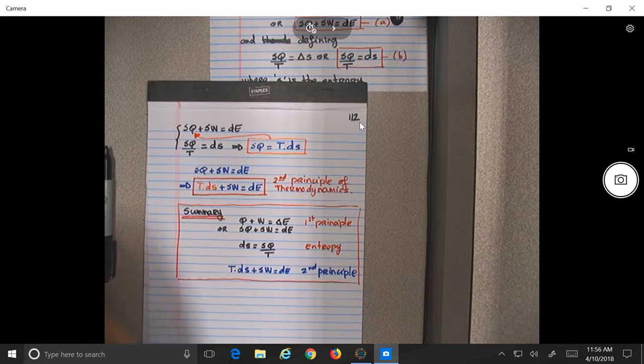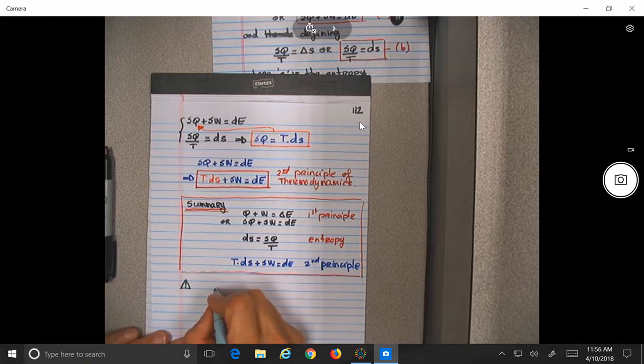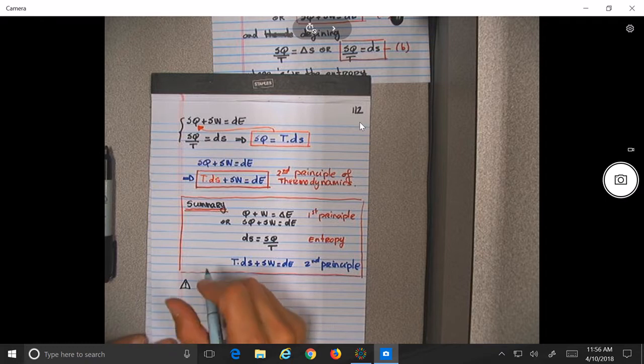Okay, we're going to use this now, but just as a reminder. Let's see if you remember this. So what was the difference between the internal energy and the enthalpy? Do you remember that one?